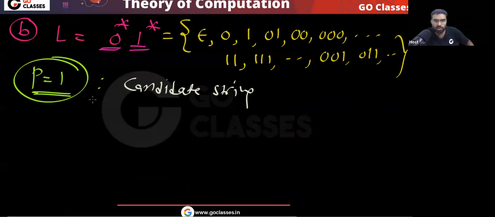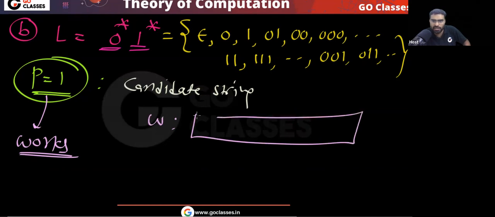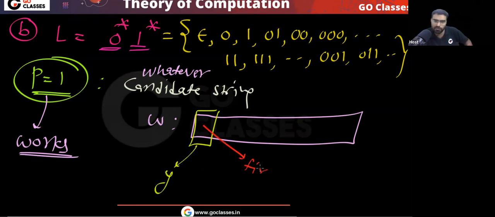So can I say p equal to 1 is working? Yes, remember p equal to 1 works. Whatever candidate string you take, the first symbol you can take as y.